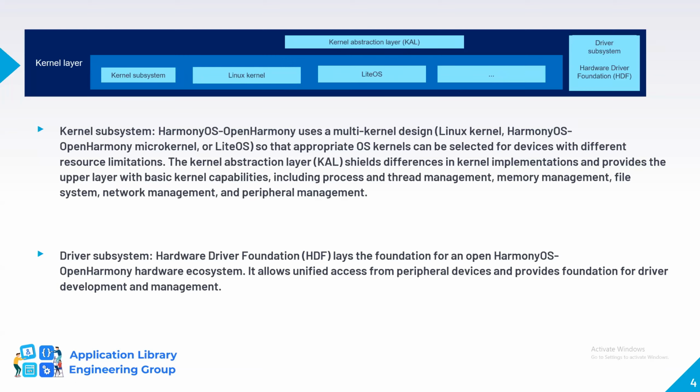So any kernel that supports these interfaces can be part of this kernel layer, and the hardware layer, which is based on our hardware driver foundation, allows access to multiple peripheral devices, which meets the driver configuration of this. So that's how we make a common abstraction layer. Multiple types of kernels can get adapted to this. So that's about the kernel layer.